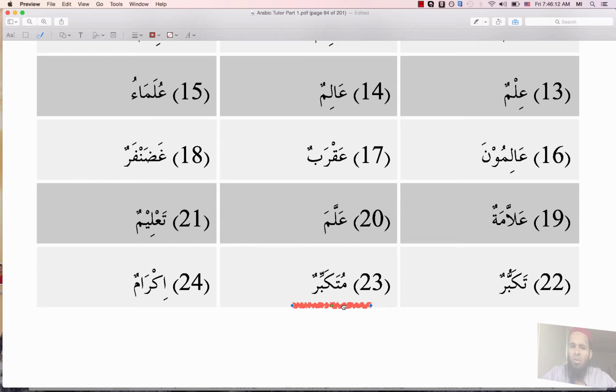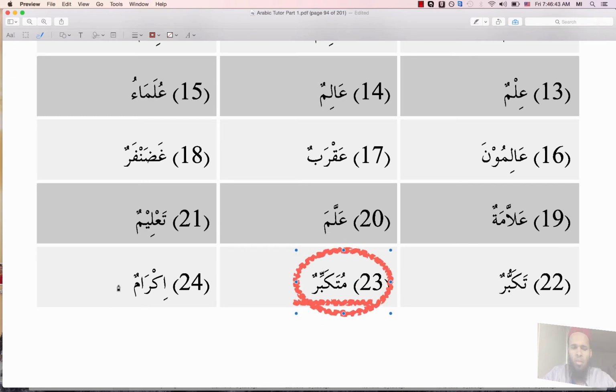Mutakabbirun, mutafa'ilun. I'm not sure about this. Mutakabbirun comes from takbira, kabara. It is fa'ala. I mean, it is sulasi mazid fi, I believe.